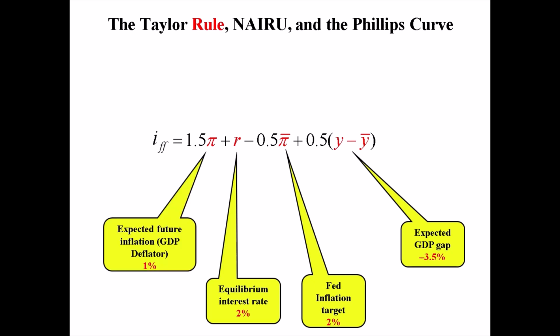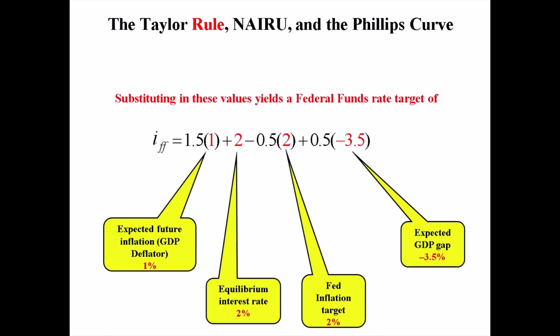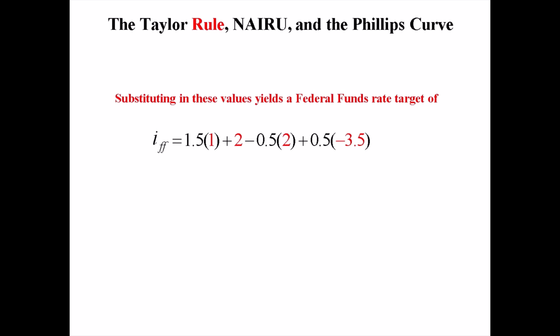And then expected future inflation, via the GDP deflator, we probably should have used what the Fed uses, the PCE, Personal Consumption Expenditure Price Index, less energy and fuel. But we used the GDP deflator, and we expect that to be at 1%. So when you plug these numbers into this Taylor rule, we recommended that the Fed set the federal funds rate at 1%.